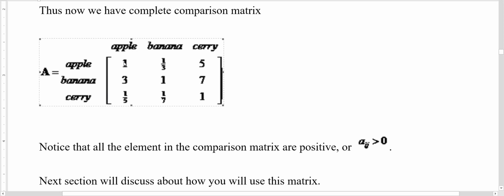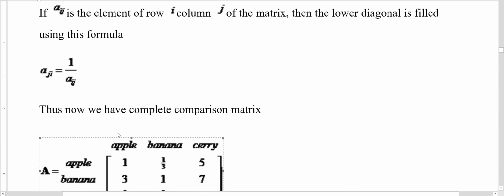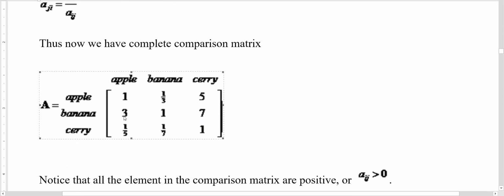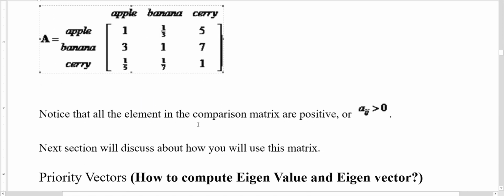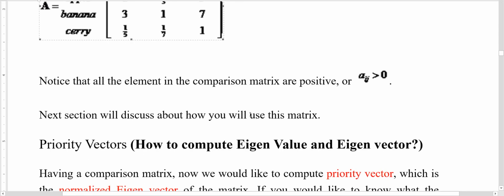So when comparing, you should first fill the upper right part of the matrix and then divide 1 by these values, and you will have the opposite values. So I think it's clear, and in the next section we will discuss how you will use this matrix.